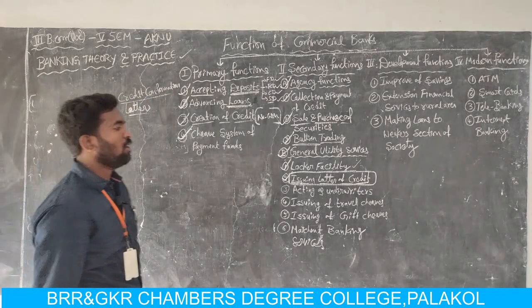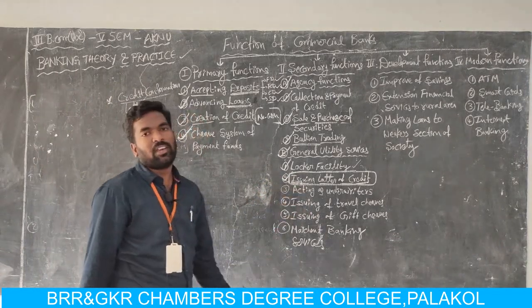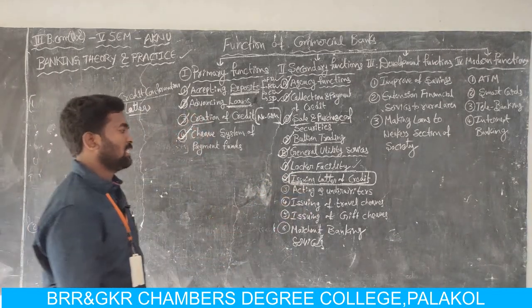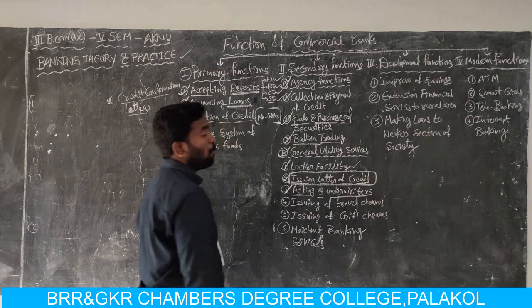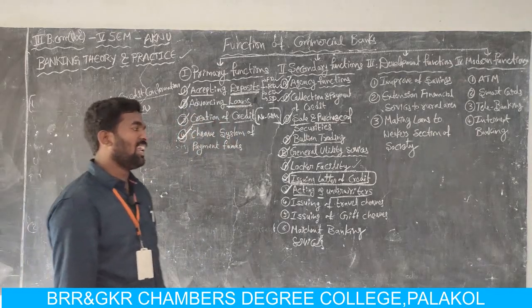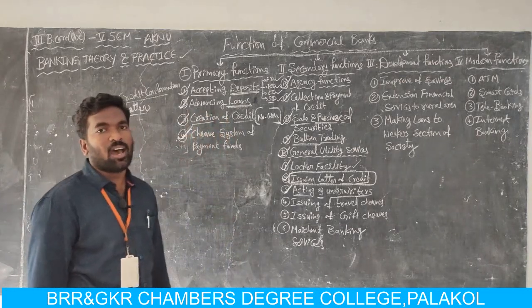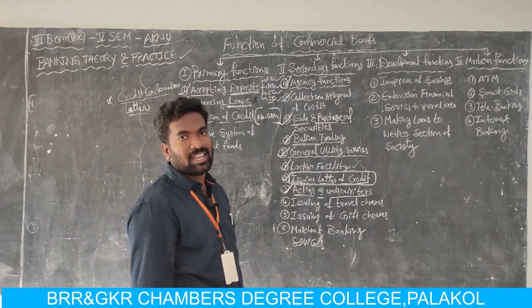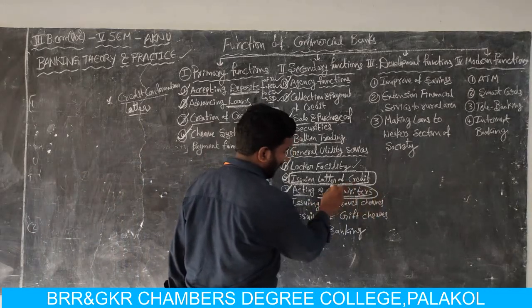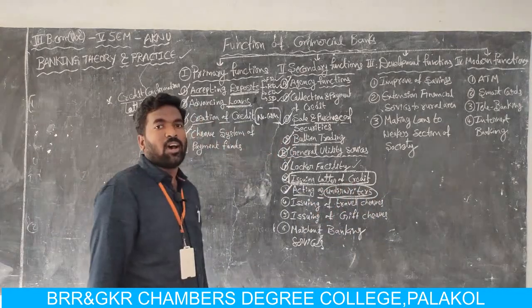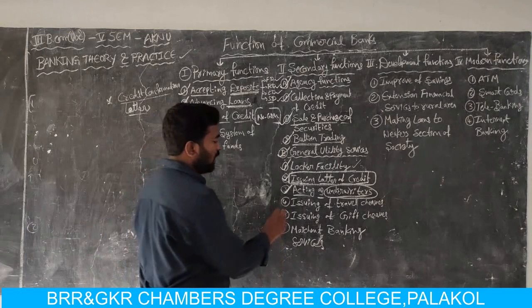So banks issue letters of credit for their customers. Next, acting as underwriters. The bank collects underwriter commissions or other brokerage commissions and interest, all collected for its customer.